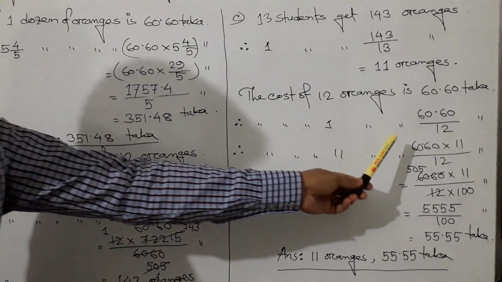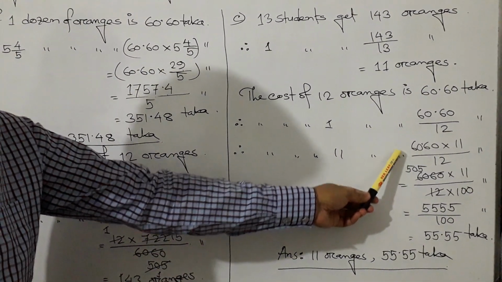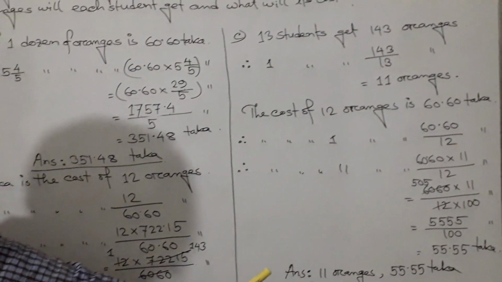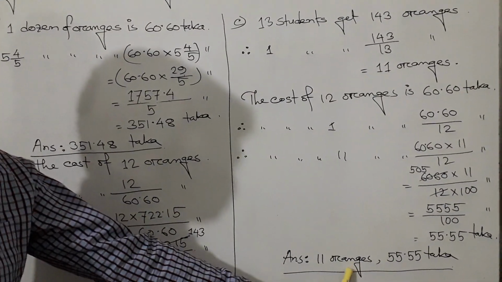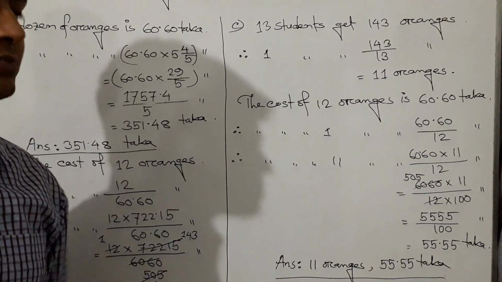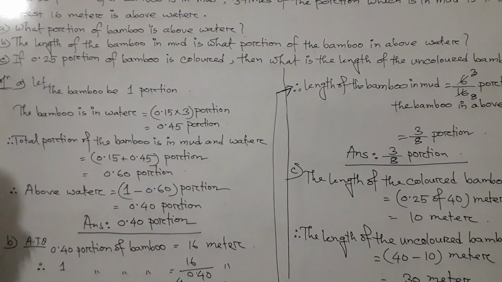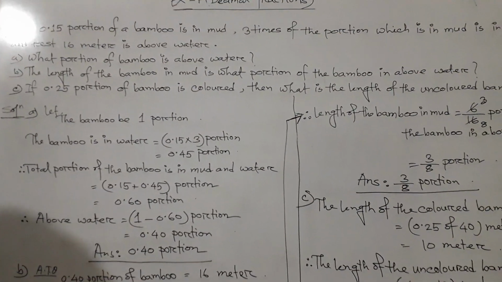Now we complete the calculations, then we get the result 55.55. So each student gets 11 oranges and their cost is 55.55 Taka.